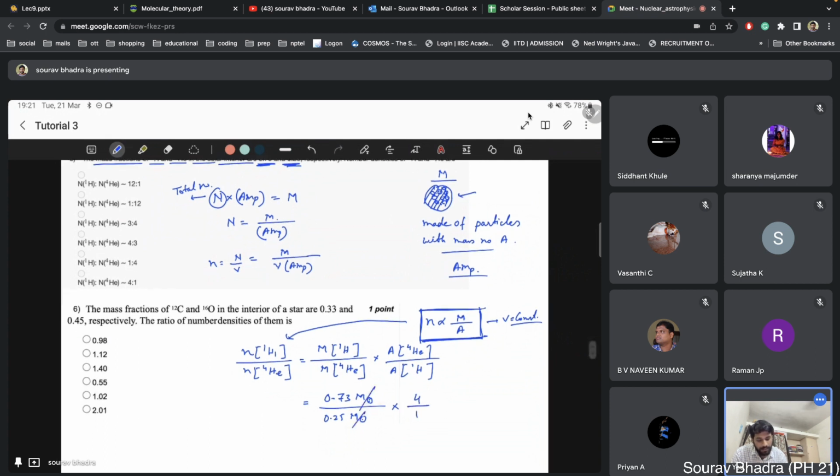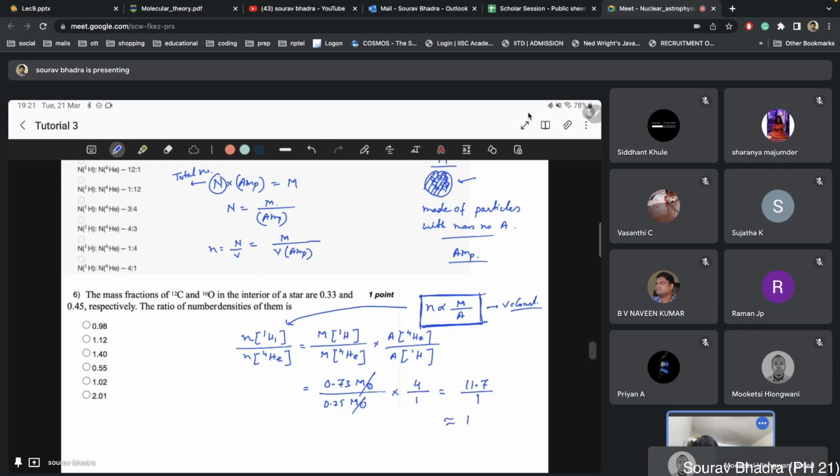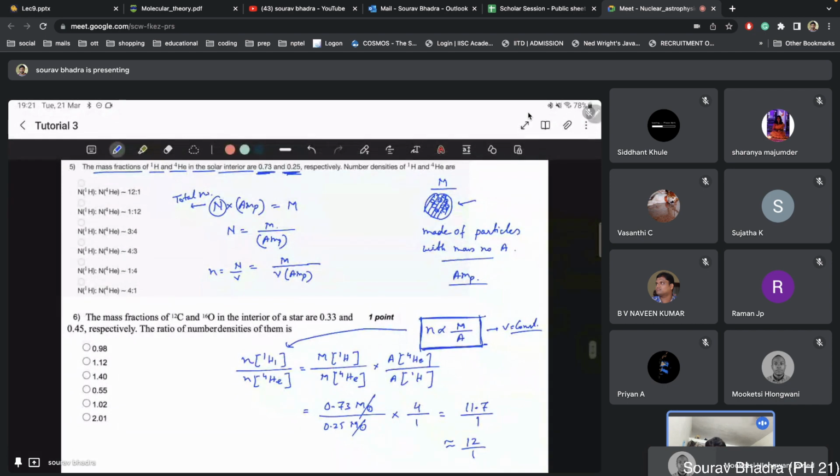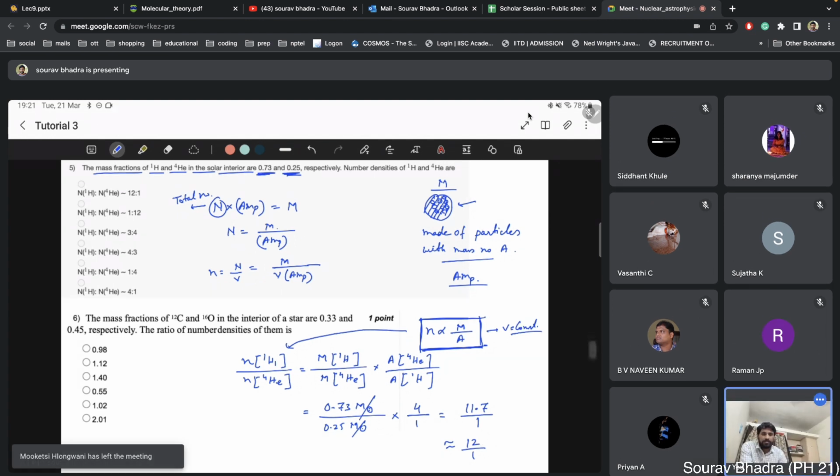So the solar mass will cancel out and it will give you 0.73 by 0.25 times 4, which is about 12 by 1. So the ratio of the number density of hydrogen to the number density of helium is 12:1. You don't have to bring in the density or the Avogadro number in this calculation when you are inside the same interior, that means the volume of the interior is the same. So that is 12:1. This is the answer.